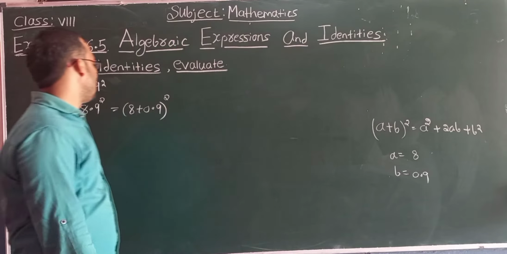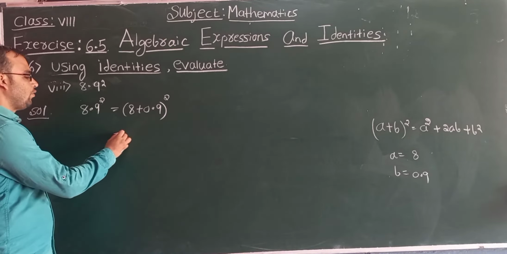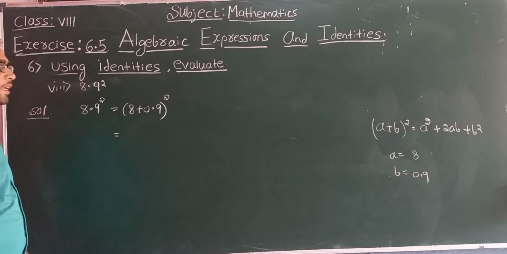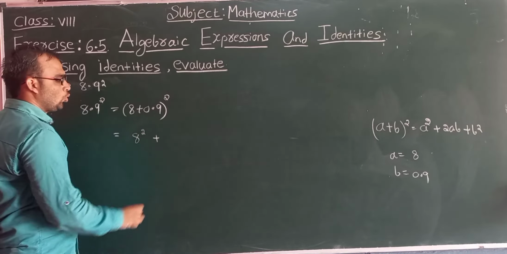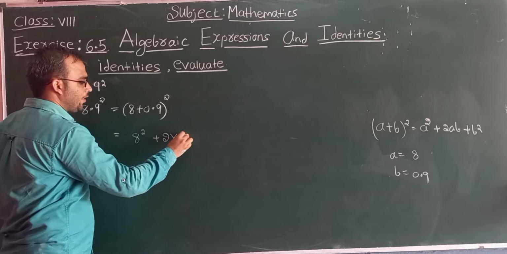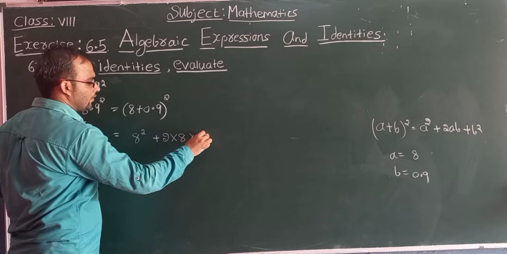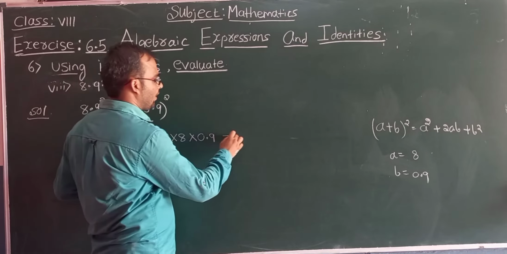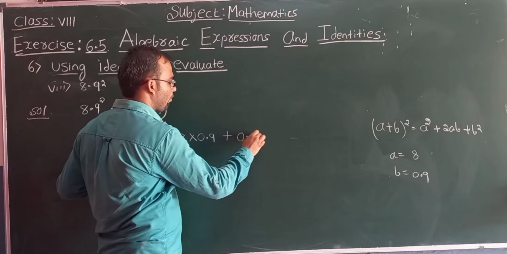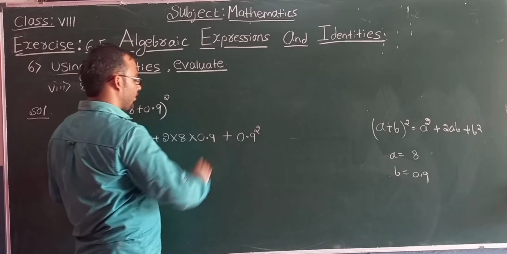0.9. Now students, according to the formula, a square, a means 8, a square means 8 square, plus 2 into a into b, that is 0.9, plus b square, that is 0.9 square.